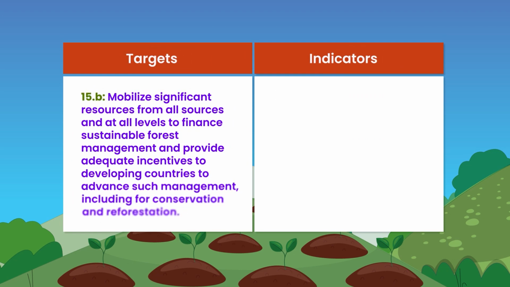Okay. Target number 15B is also on mobilizing significant resources from all sources and at all levels to finance sustainable forest management, right, and provide adequate incentives to developing countries to advance this management, including for conservation and reforestation.